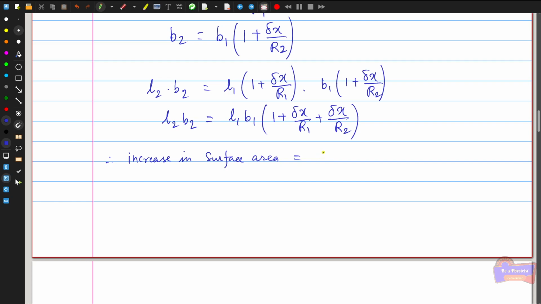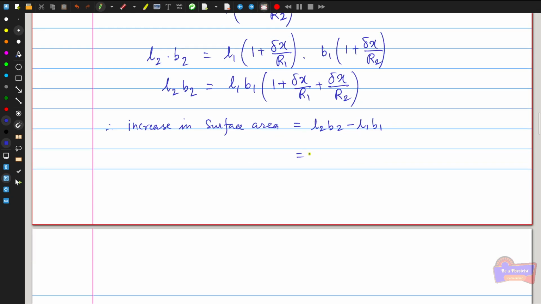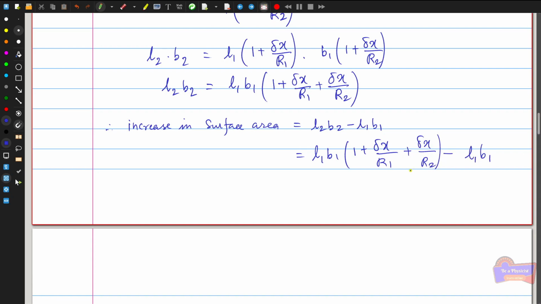The increase in surface area is equal to L2 B2 minus L1 B1, and L2 B2 can be given as L1 B1 into 1 plus delta x divided by R1 plus delta x divided by R2, minus L1 B1.